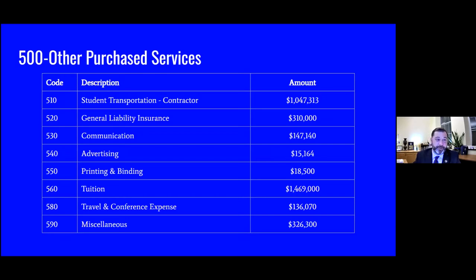Our general liability insurance, communication, advertising, printing and binding, tuition, which does include charter schools and outside special ed placements, and any travel and conferences. Most of the travel and conferences, I will tell you, are spent through our Title II program for professional development, and then any miscellaneous expenditures. Most of that is actually for institutionalized children and some expenditures for the AIU.